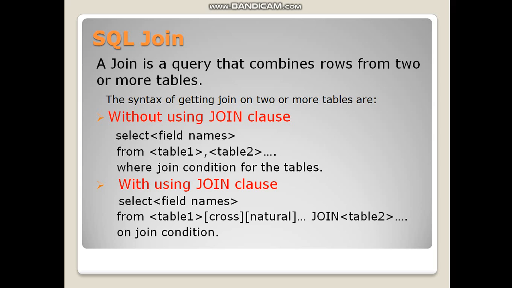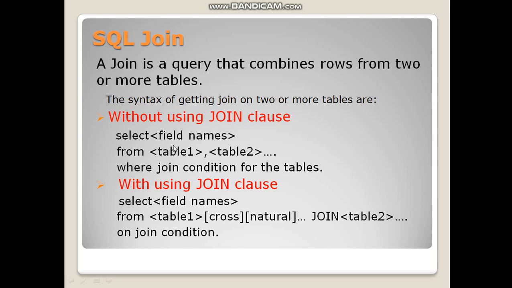Now this join operation can be done in two ways: without using the join keyword or clause, and with using the join clause. Without the join clause, the syntax is: select the field names from both the tables.